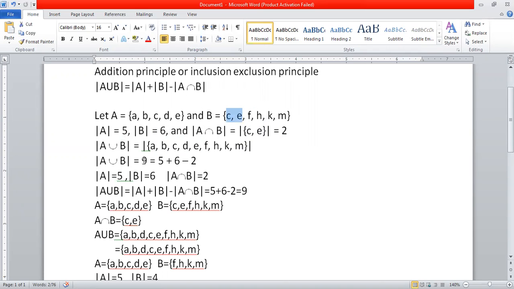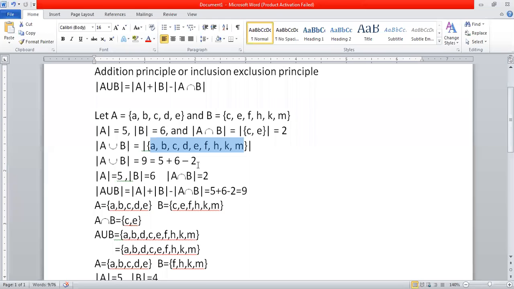Then we are left with total number of elements as 9. Absolute value of A is 5, absolute value of B is 6 and A intersection B is 2, which is equal to 5 plus 6 is 11, 11 minus 2 is equal to 9. So A union B comprises a total of 9 elements, and the absolute value will be 9.